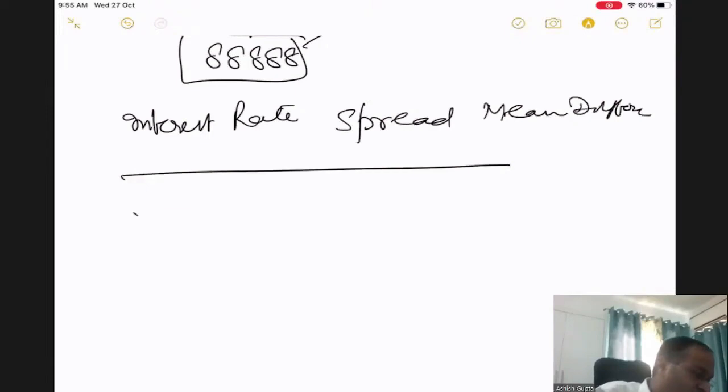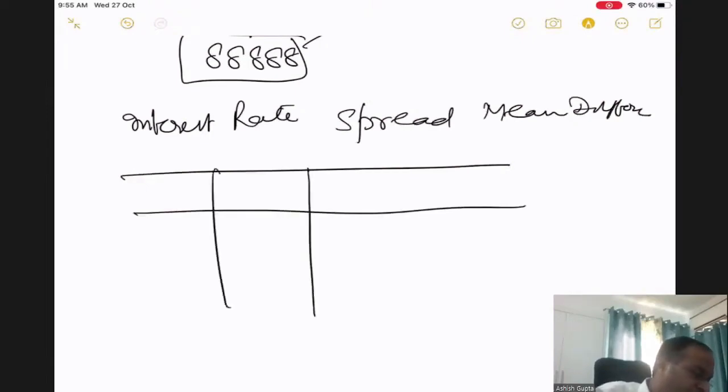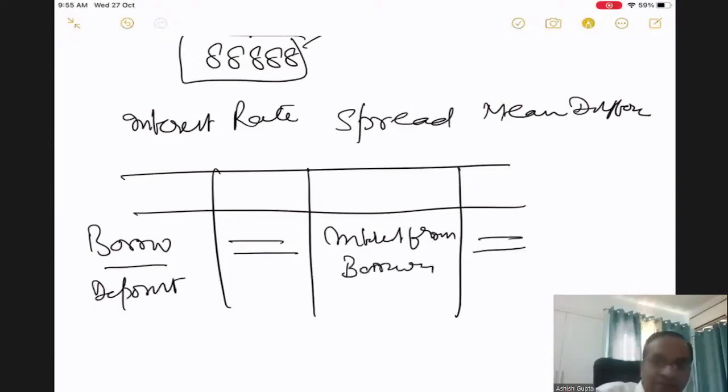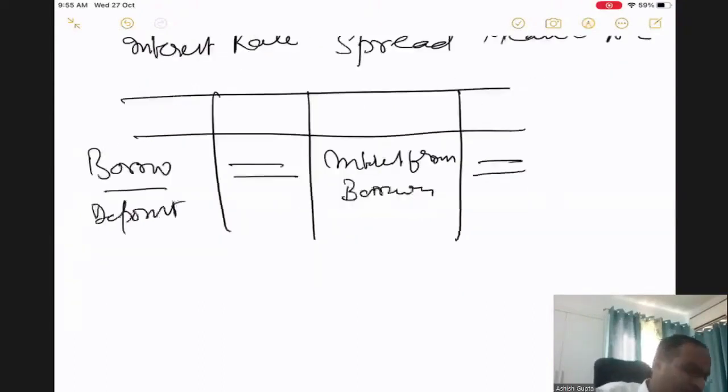Now, what does the bank do? The bank basically lends money and borrows money. Interest on borrowing is chargeable, and interest if it borrows from depositors is their income. Let me give you an example.